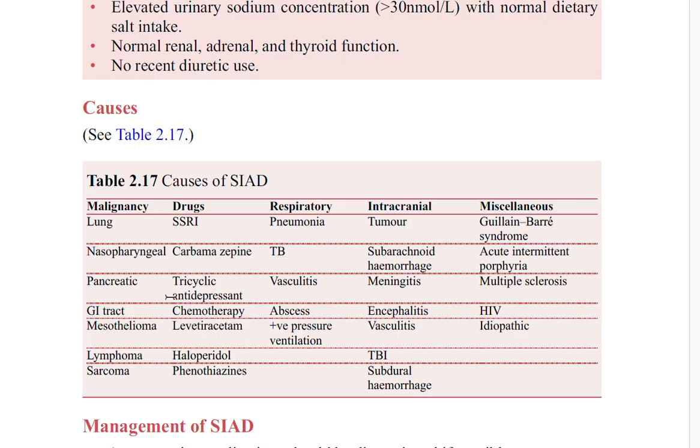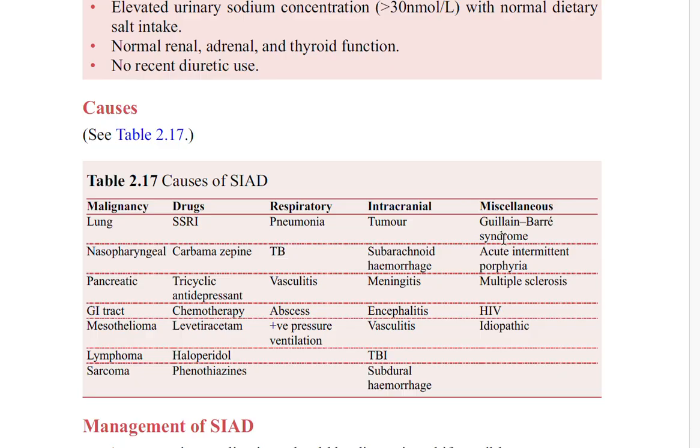Most of them are the same: TCAs, chemotherapy, levetiracetam, haloperidol, and phenothiazine. And then in the respiratory category, pneumonia can cause this, tuberculosis, vasculitis, abscess in the lung, and positive pressure ventilation can lead to SIADH as well. Oh, this is new for me. So, intracranial causes include tumor, subarachnoid hemorrhage, meningitis, encephalitis, vasculitis, subdural hemorrhage.